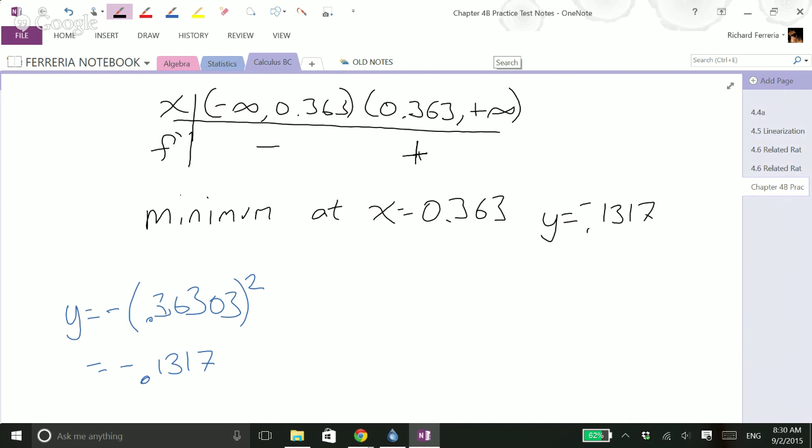Which brings up the point, as long as you're correct to that 3rd decimal point, it doesn't matter what you write after it. It's still going to be marked correct as long as those first 3 decimals are correct. So if I had written negative 0.1319, actually the AP test would mark that correct.